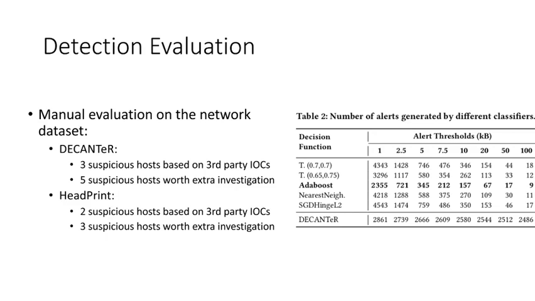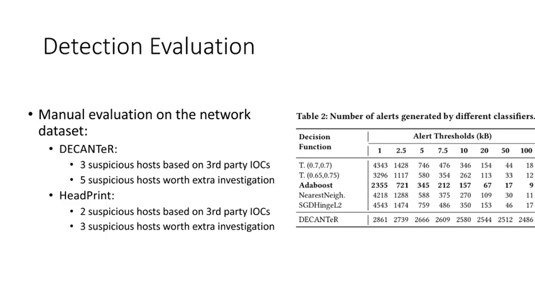We have done slightly more analysis in the paper, but for the presentation, this is the last analysis I'm going to discuss. We did some manual evaluation on the alerts generated by Decanter and HeadPrint. One thing we did was to analyze our network traffic through the indicators of threat intelligence from a third party.